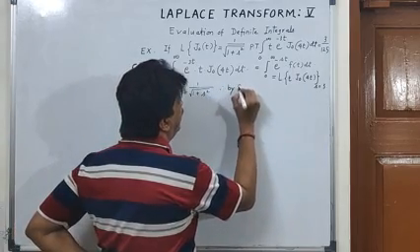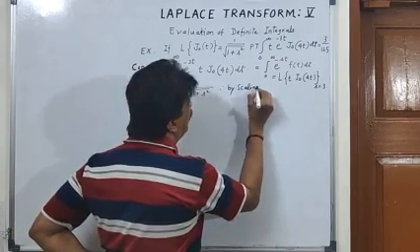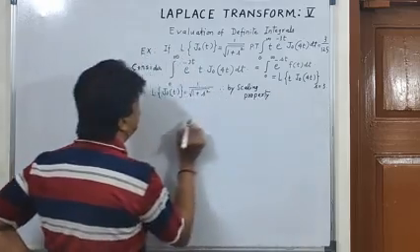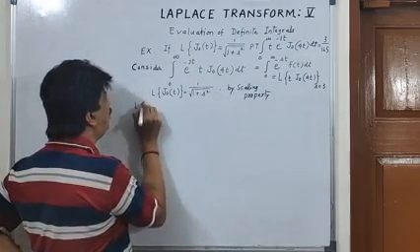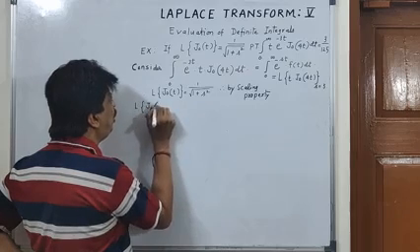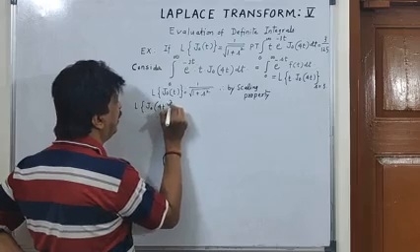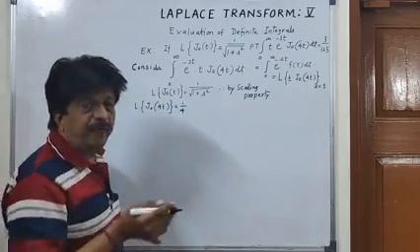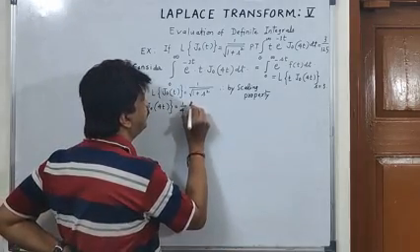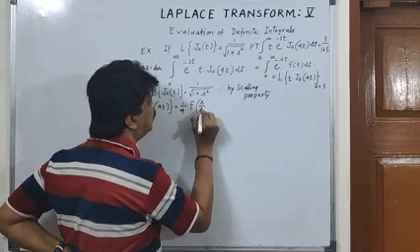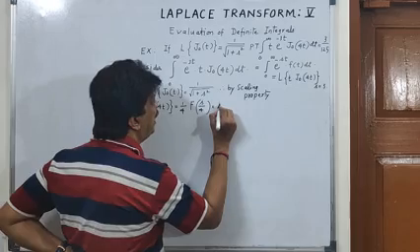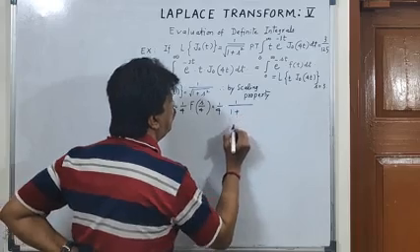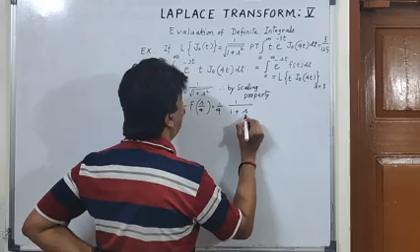Therefore, by scaling formula or scaling property, Laplace transform of J0 of 4t is equal to 1 upon a times F of s by a, where a is 4 here. So it is equal to 1 by 4 times into 1 upon under root of (s by 4) whole square plus 1.